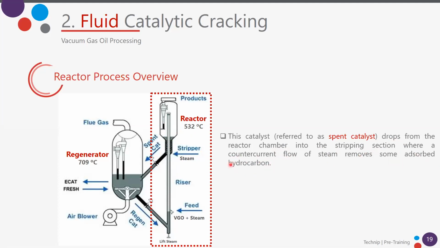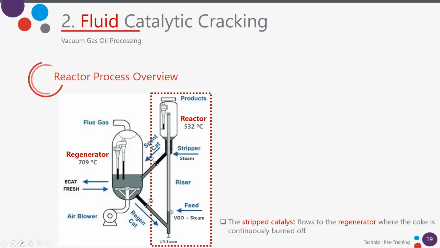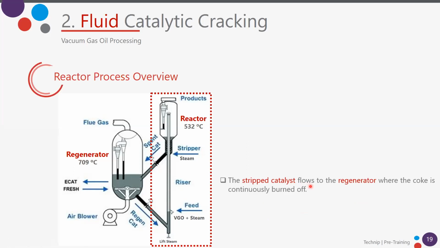Okay, we don't want hydrocarbons in the catalyst, so we will strip the hydrocarbons with the steam. The stripped catalyst flows to the regenerator, where the coke is continually burned off. So we have here in this line the spent catalyst.